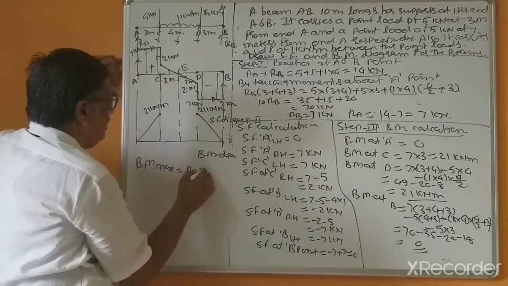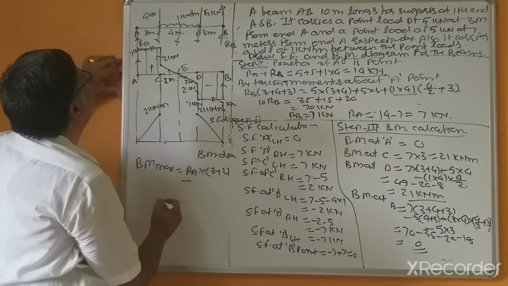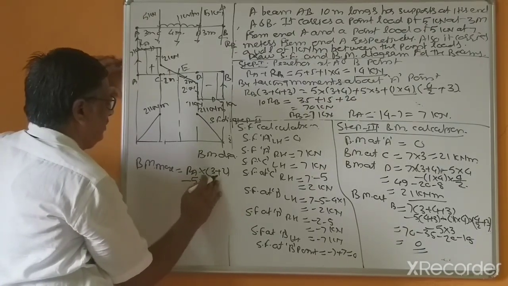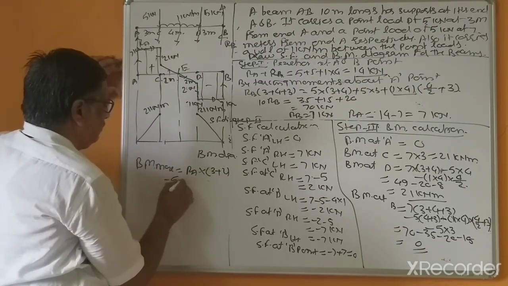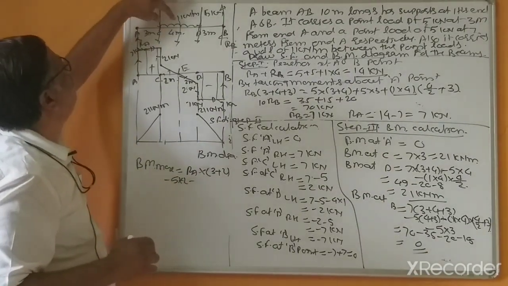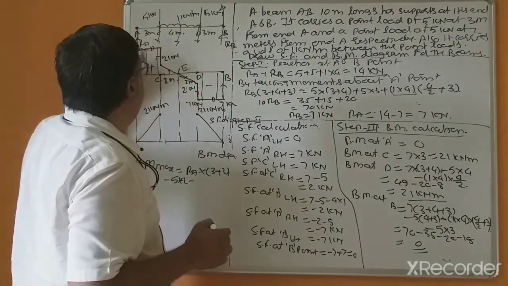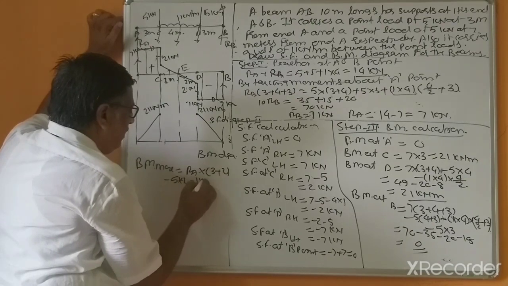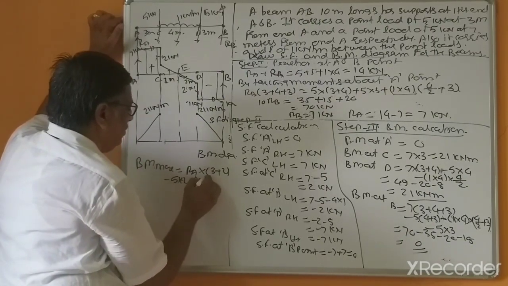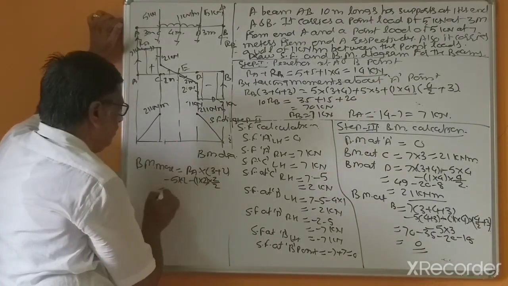That's why RA into 3 plus 2, minus 5 into distance 2, minus the uniform distributed load, 1 kilonewton per meter, and E point at the center, so 1 multiplied by 2 becomes the shear force, and half of its distance means 2 divided by 2.